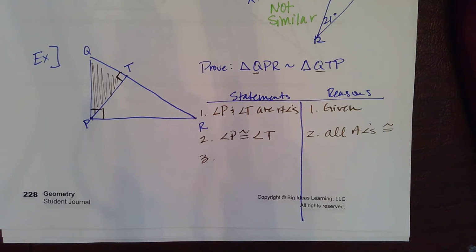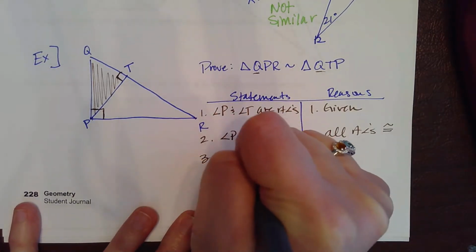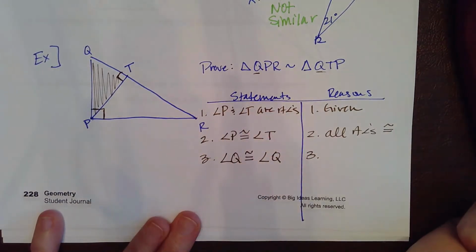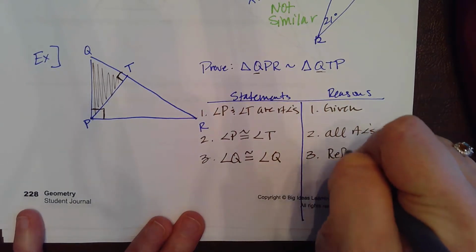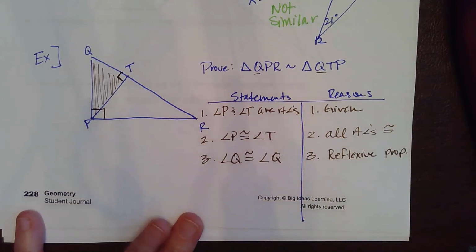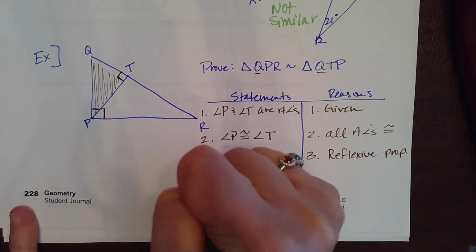So remember the reflexive property. In this one, it's very similar, except we're talking about angles, not sides. So in statement 3, angle Q is congruent to angle Q by the reflexive property. That's because both triangles are made up using angle Q. So it's the same angle in both triangles.